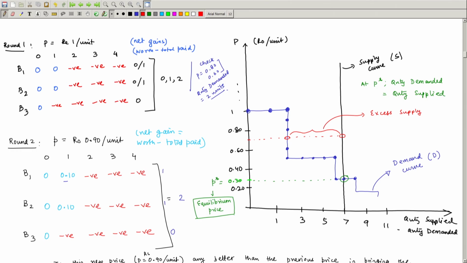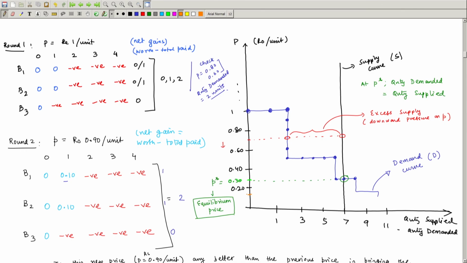For a price P which is greater than the equilibrium price P star, the quantity supplied is greater than the quantity demanded. So, there is an excess supply, and if there is an excess supply, there is going to be a downward pressure on the price. So, the price will try to come down to the equilibrium level. On the other hand, let us take a price of, let us say, 0.1.